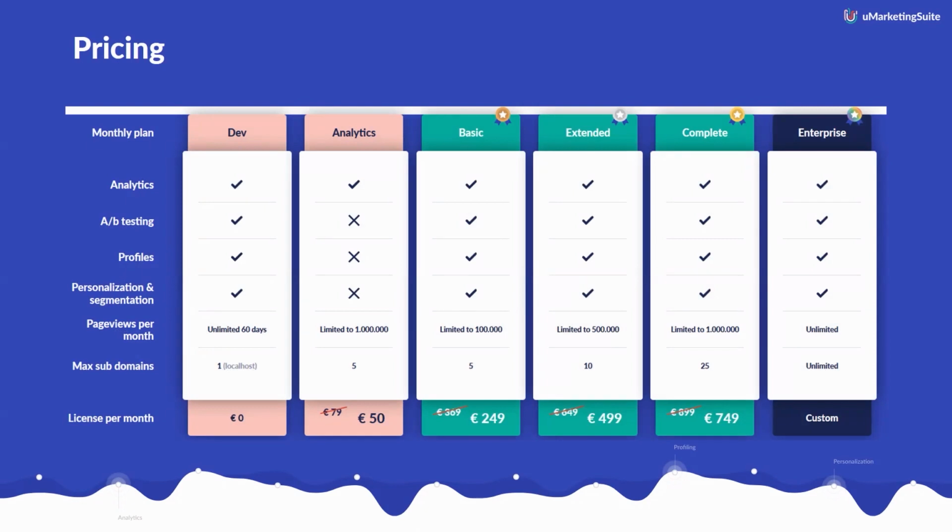These are the complete versions, and then you can start A/B testing if you want. And even if the biggest plan doesn't fit your needs, please get into contact, and we probably can work something out.